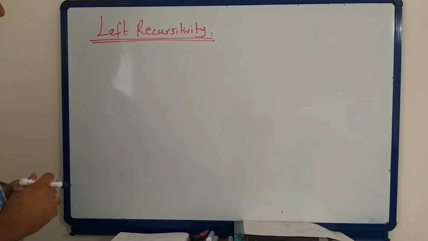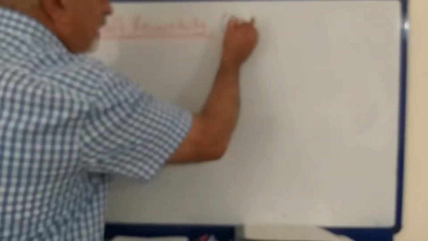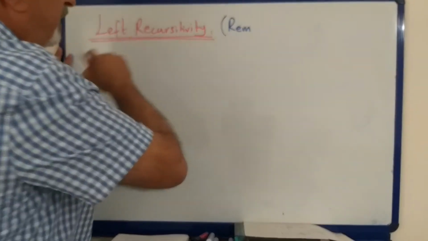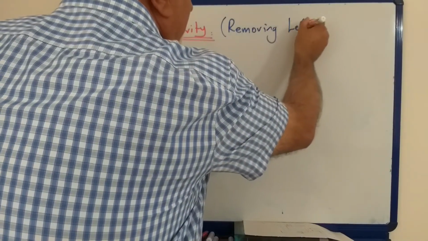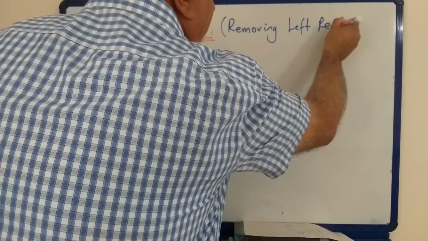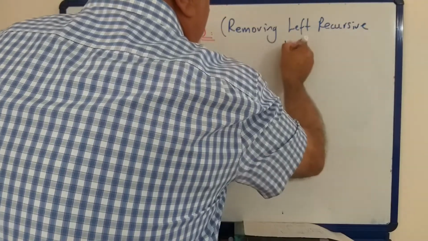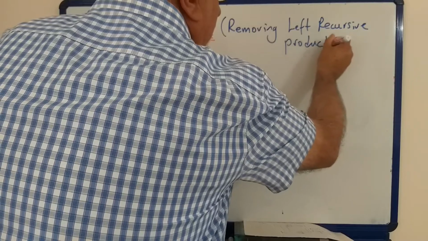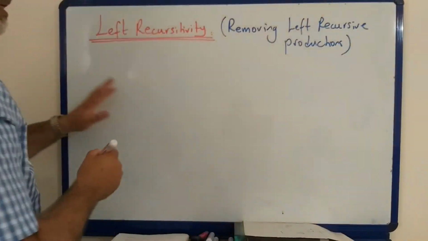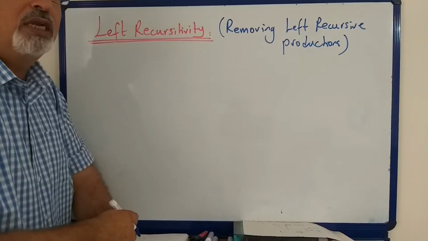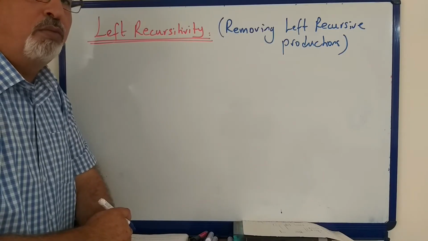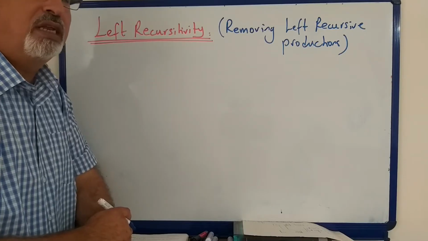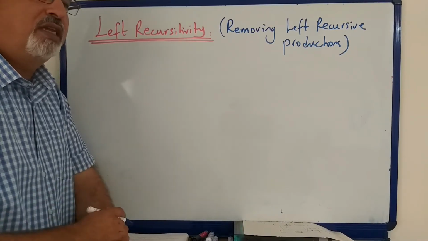It means removing left recursive productions. By the way, I may ask you in the exam, just give you a grammar or productions and say to you, remove the left recursive productions.